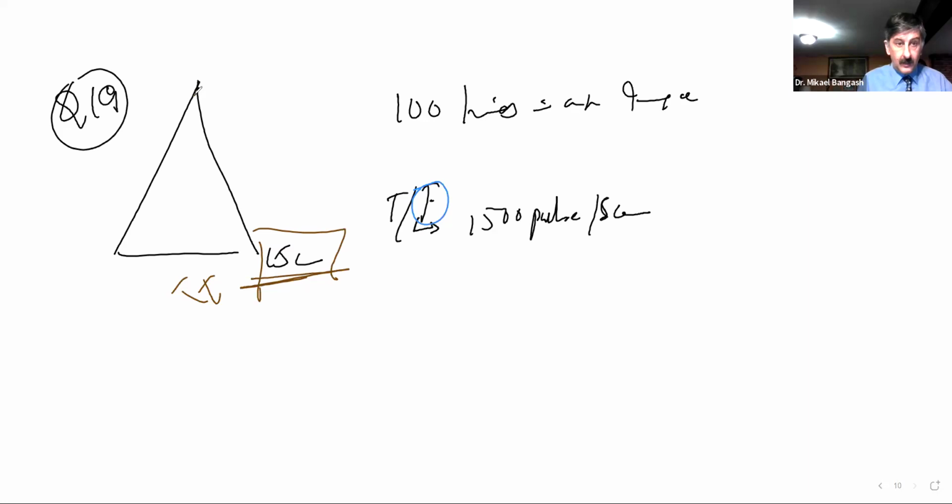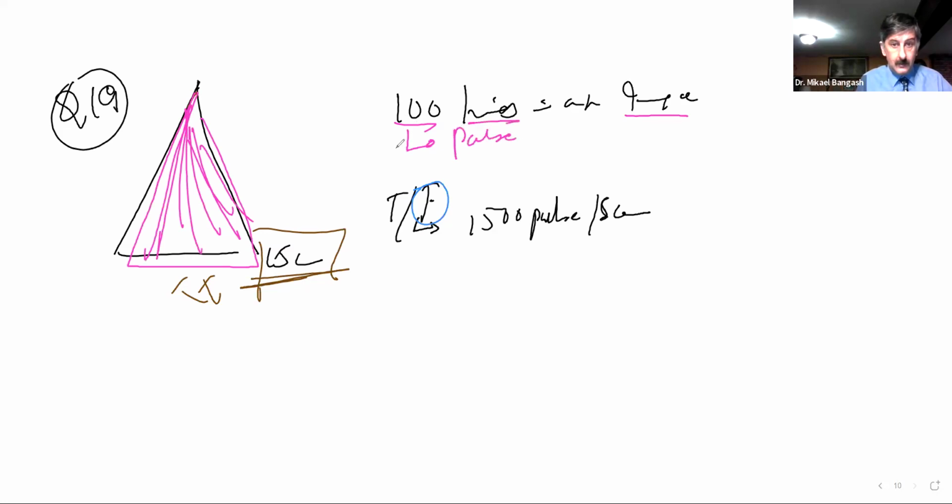That means this image is made up of 100 lines, scan lines, which are pulses.